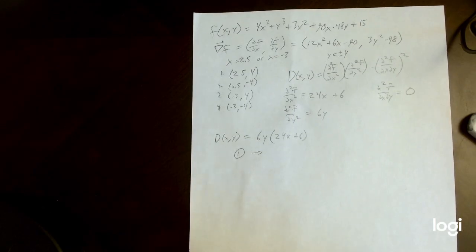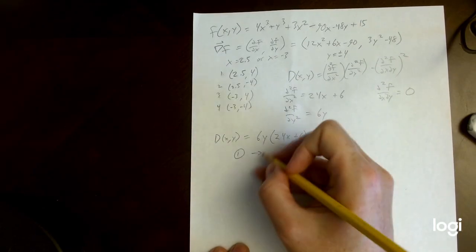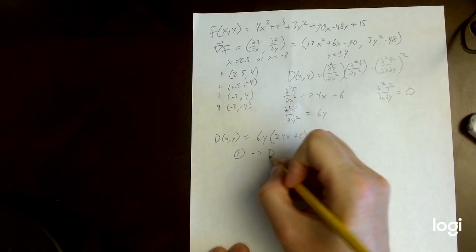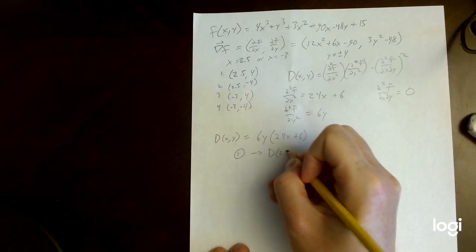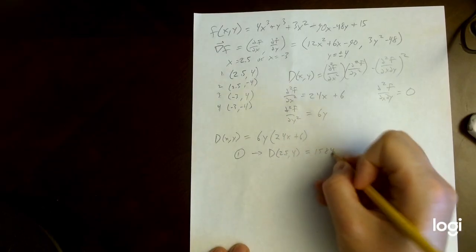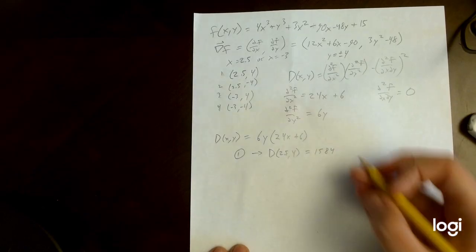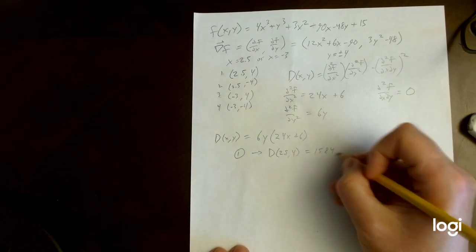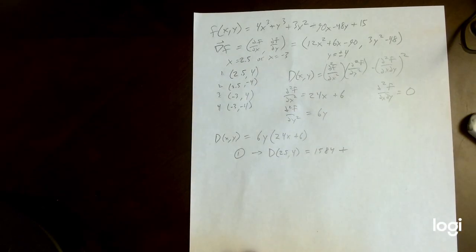You can plug that into your calculator. We're going to see that d of 2.5, 4 is equal to 1584. But really all we care about is that this is positive.